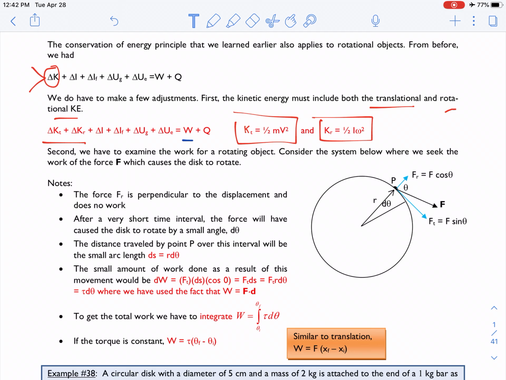So far we used, for example, tension force as the force that's causing the rotation. But again, just label it general. Let's just say it's F. And then you can see that F is not tangential. So first thing you do is split the components as we did before, FR and FT.